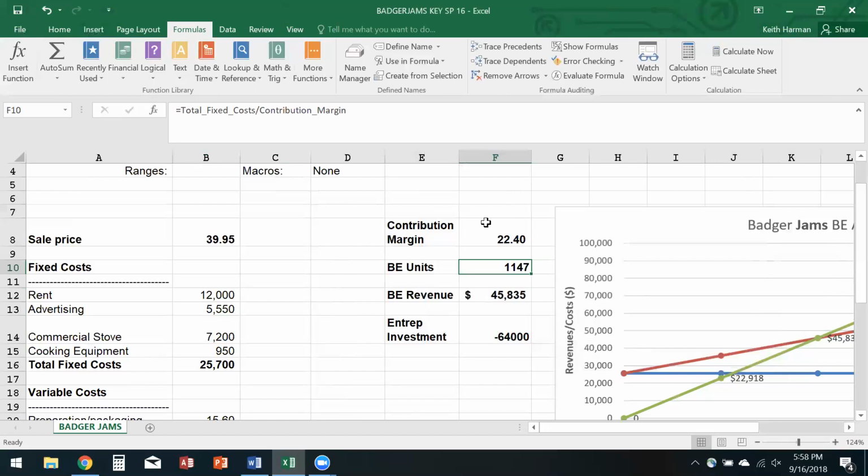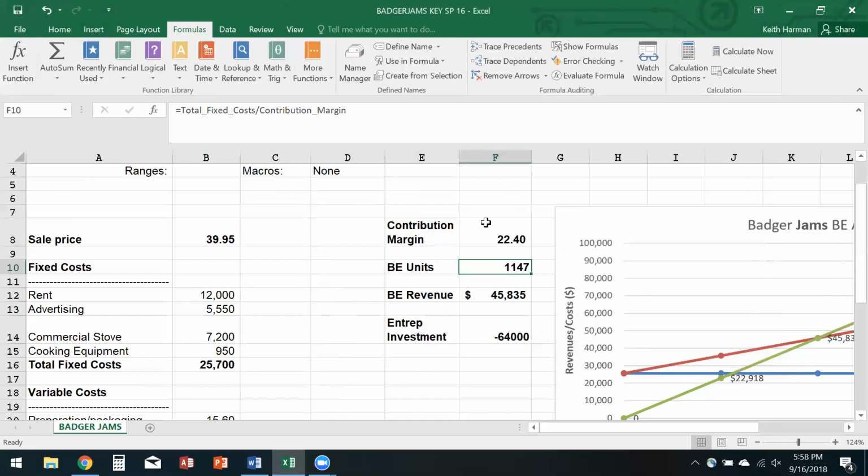Now think about this for a minute, all right? The total fixed costs, that's what we have to pay whether we sell one unit or not. The contribution margin, as we talked about, is the amount of money I have left over from a sale on a per unit basis to pay my fixed costs.